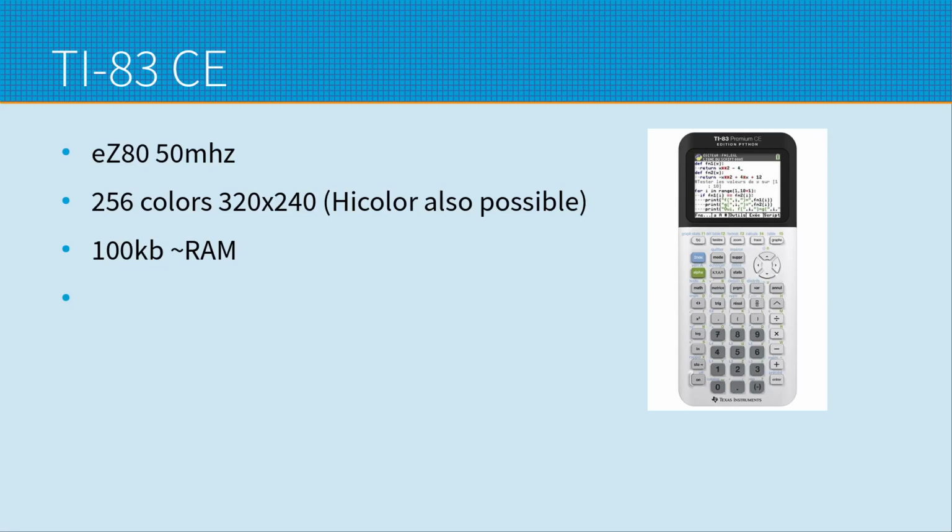It supports 256 colors at 480p. Now, high color is supposedly possible on this, but I believe it is something like 12 bits rather than 16 bits. And the CSDK that I was using for this didn't support the high color mode, at least not at the time that I was making the game.